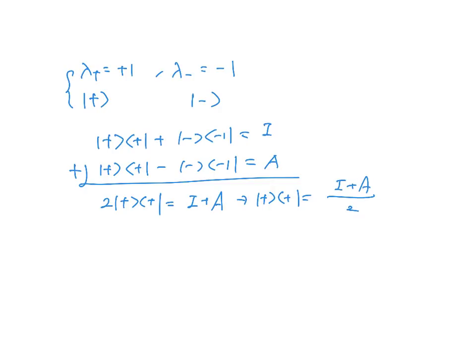If we subtract, twice |-><-| is I minus A, so |-><-| is equal to (I minus A) over 2. Even though you don't know the exact form of the normalized eigenvector, which would be a nightmare, very complicated, nevertheless you can still find the outer product. So that's your answer.